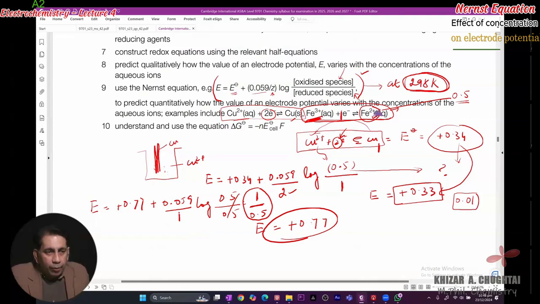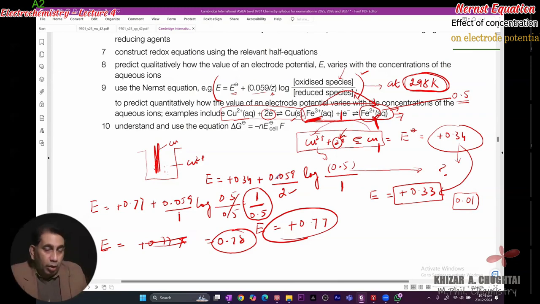If I reduce the concentration of Fe2, E naught will increase, because in this case equilibrium will be shifted towards the right hand side. So what will be the new answer if the concentrations are not equal? 0.77 plus 0.01, the new answer is 0.78. So slightly increased, yes.